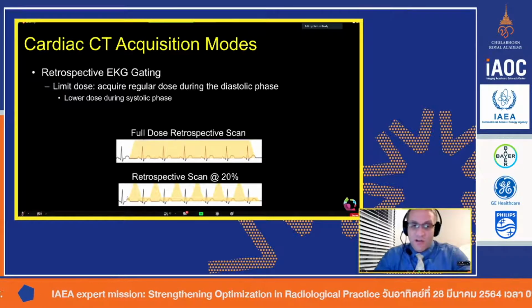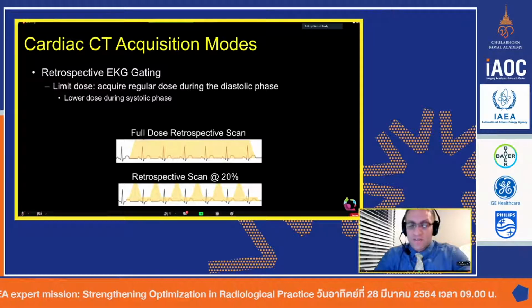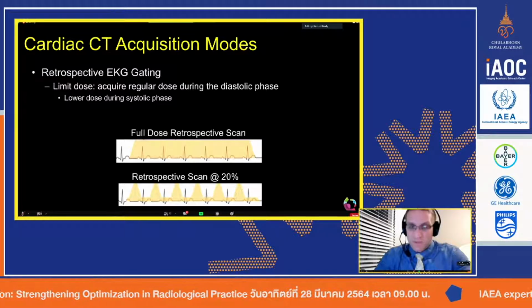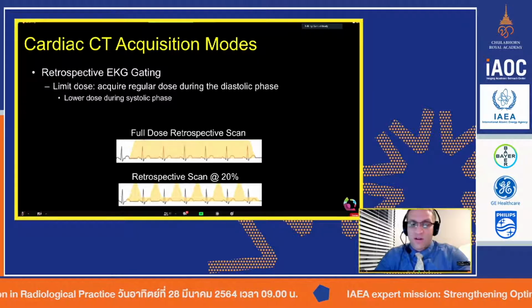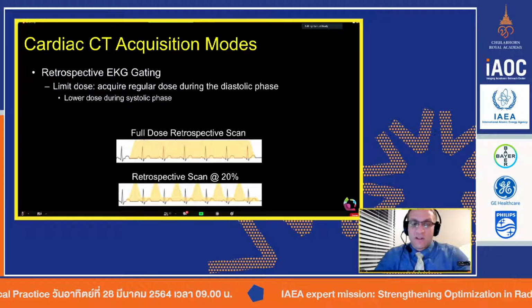The system will stay on at all phases, but it will only ramp up at specific phases. And so you still have to be plugged into an EKG system, and it's still tracking that R to R peak. And it's going to still collect all this data.